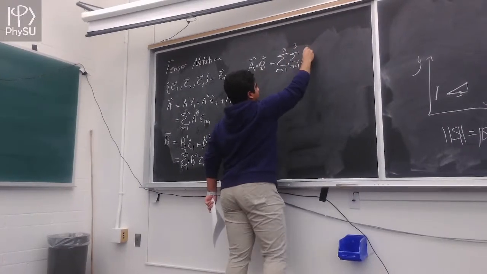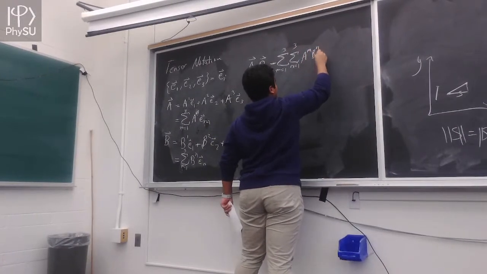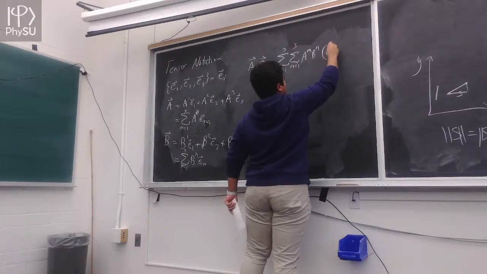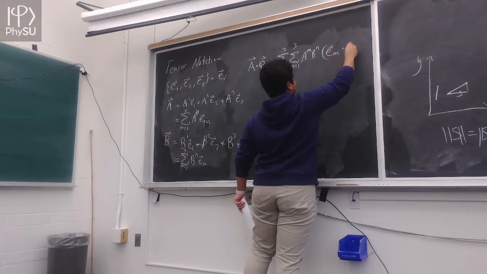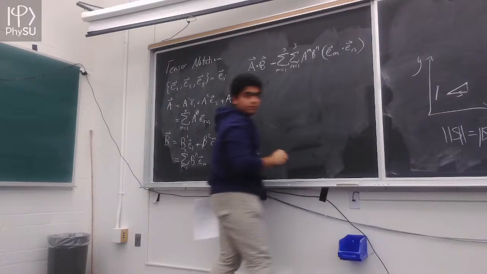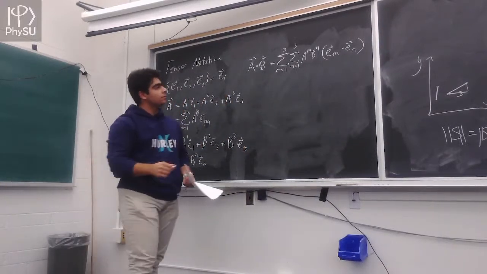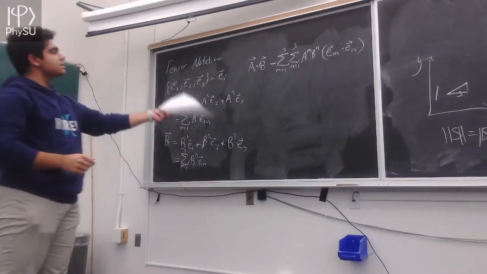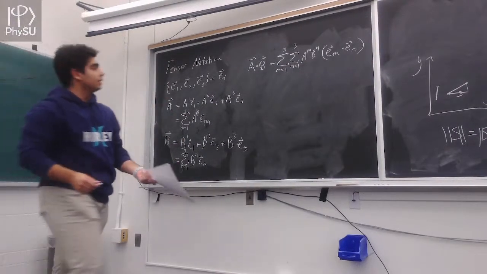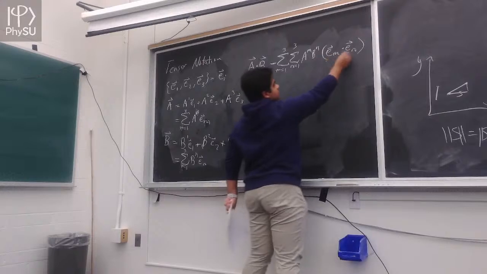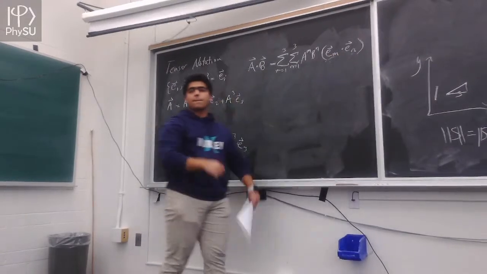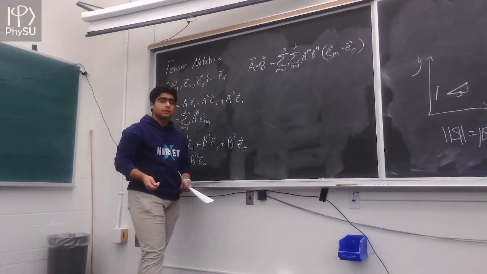The sum of AmBn times the dot product of our unit vectors. Okay? And now you might say, okay, well, this looks like the dot product, right? These would normally just be either ones or zeros, and then you'd have the dot product.